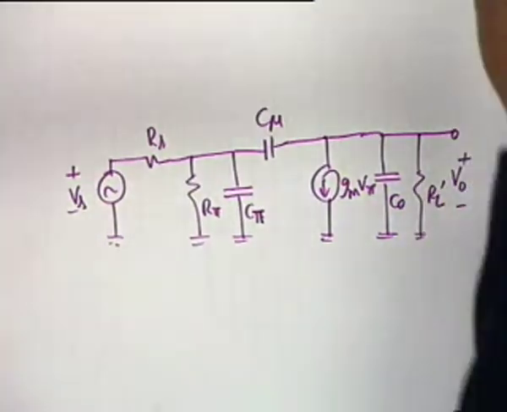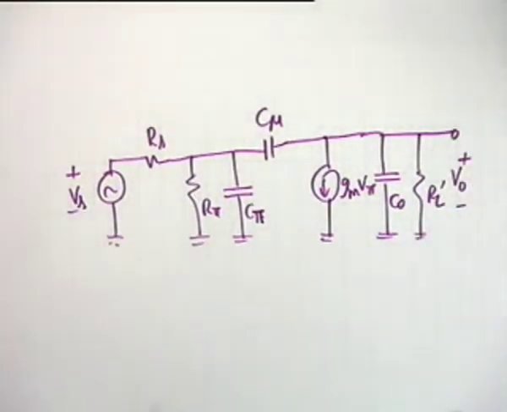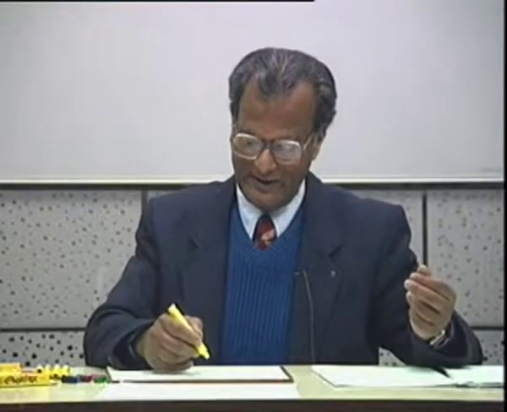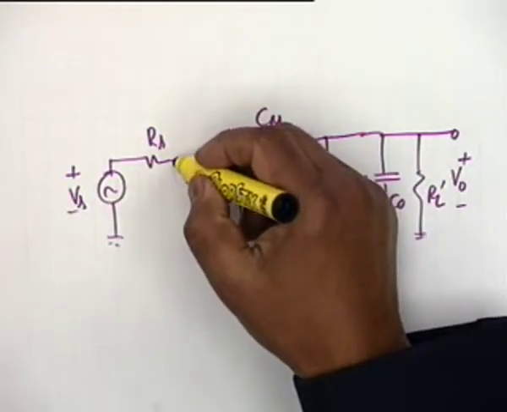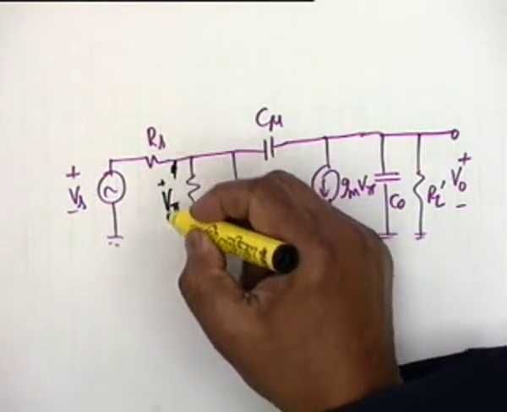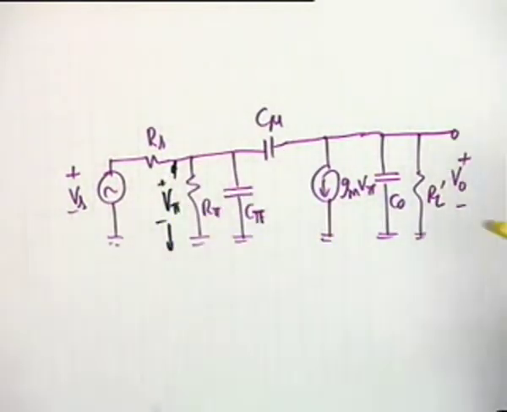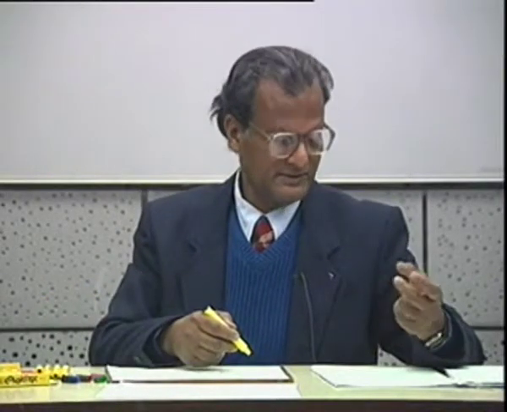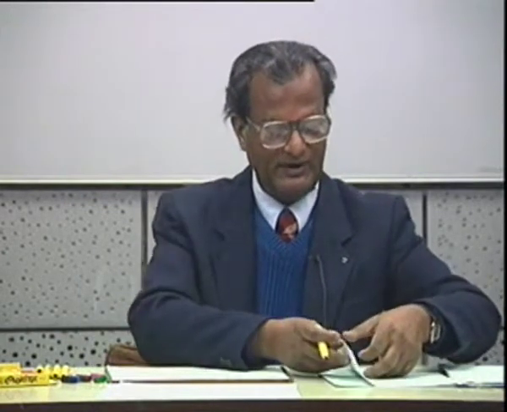Now to analyze this, what one can do is to write two node equations. That's all that is required. One is in terms of V pi, this voltage is V pi, and the other node voltage is V0. So you have to write two node equations and solve for V0 by Vs. If you do that and simplify, I am skipping this step.